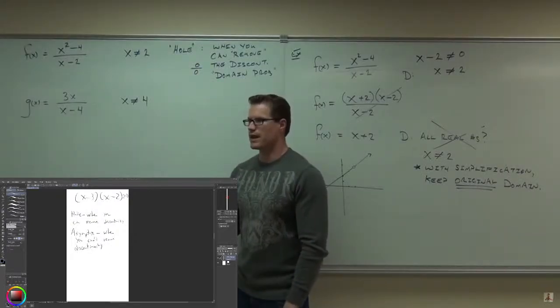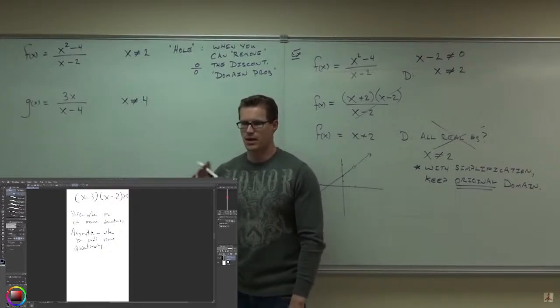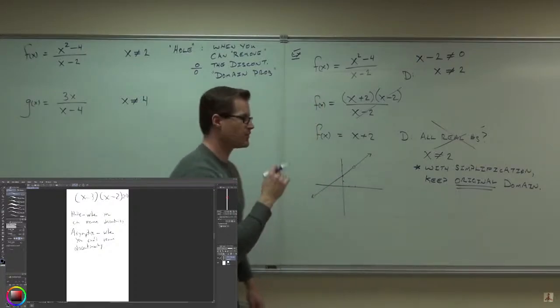Now, the other thing we have to consider is, what happens here? Can you simplify the x minus 4 out of your problem here? Is there any way to factor it and simplify it? If you plug in the 4, do you get 0 over 0? No, you get 12 over 0. And that's an issue, right? That means you're not going to be able to factor that in any way to simplify it.